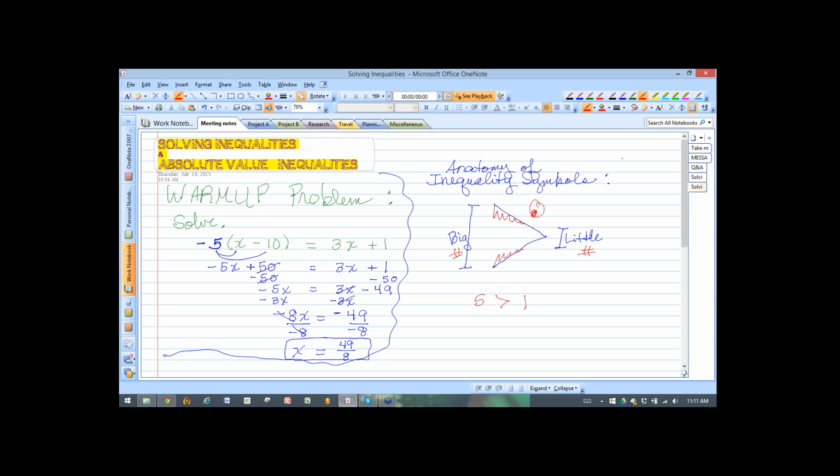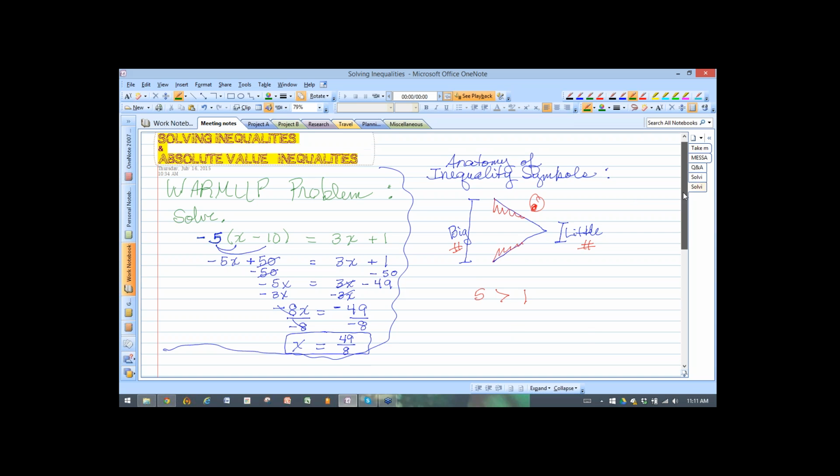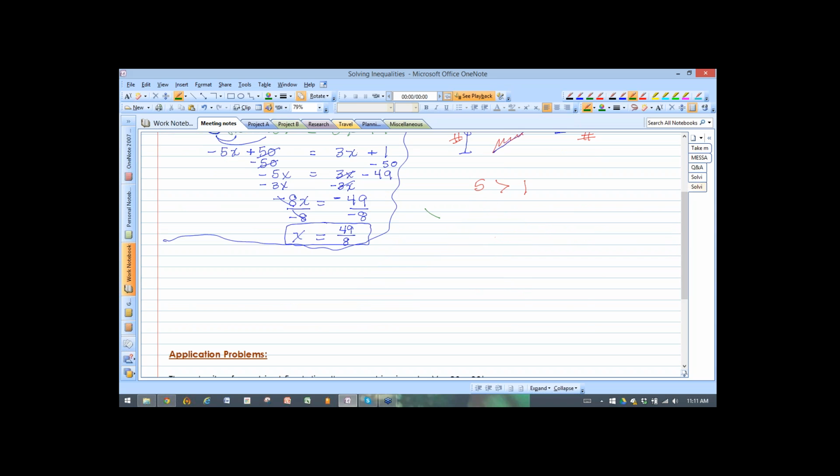Now, included in all these inequality symbols are the types you're going to see. Greater than, which is what you've just seen, and we read it from left to right. So this is a greater than symbol.